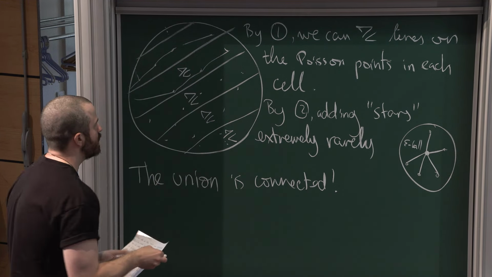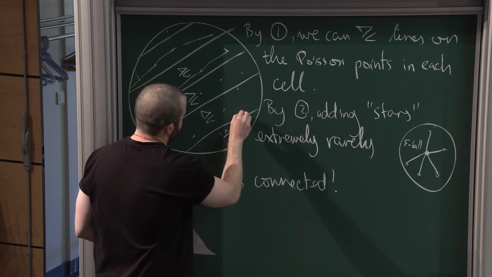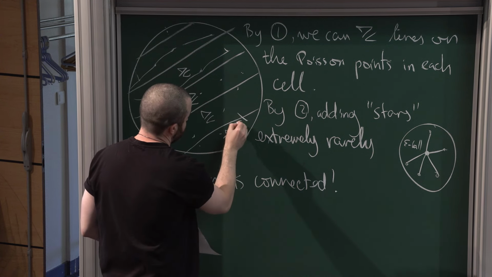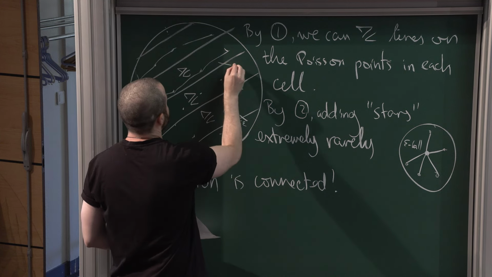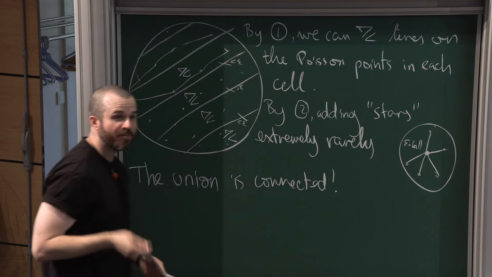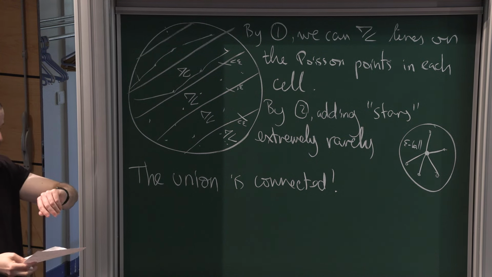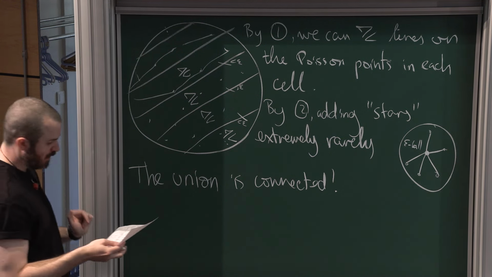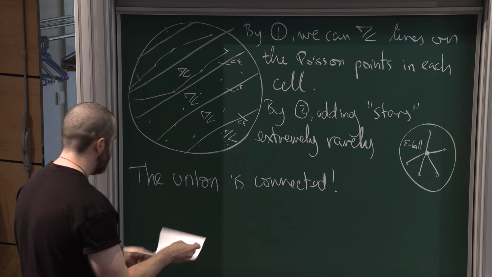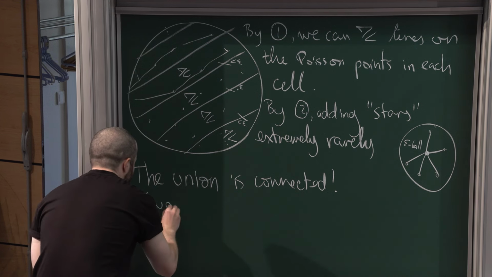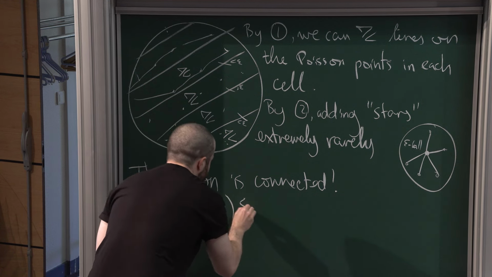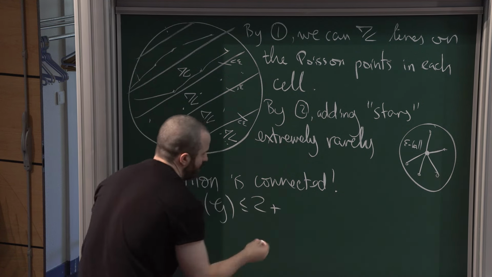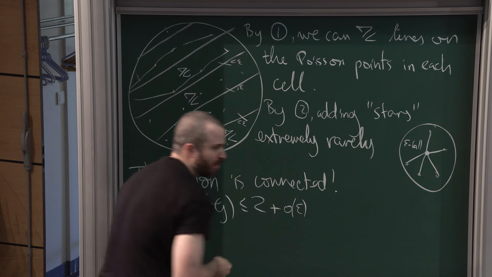And infinite walls tells me that I'm always going to find pairs of points, actually infinitely many, where the distance between them is less than epsilon, crossing between all of these cells. I find infinitely many of these. One would be enough. Infinitely many is good. Okay, the union is connected, and the average degree of this graph is at most 2 plus, I don't know, something small depending on epsilon.